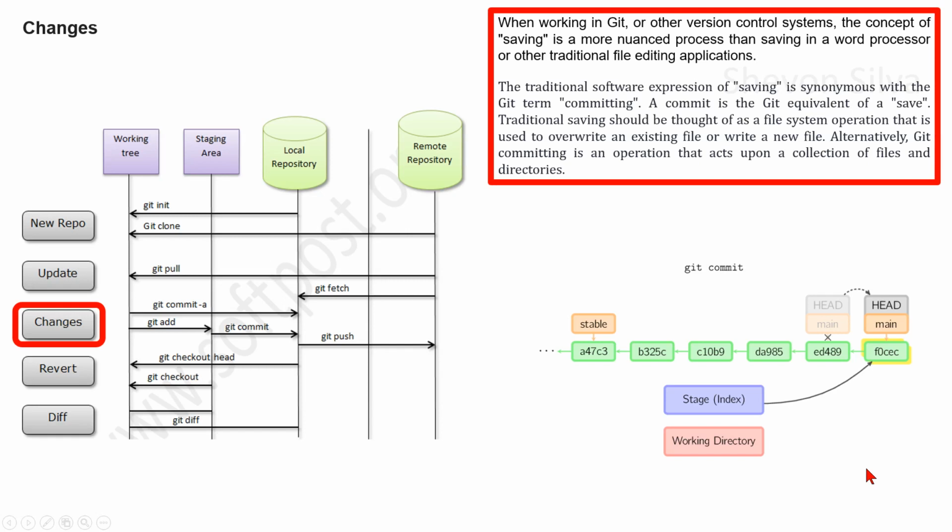In this image here, the current branch is main. Before the command was run, main pointed to ed489, and then main was moved to the new commit here.